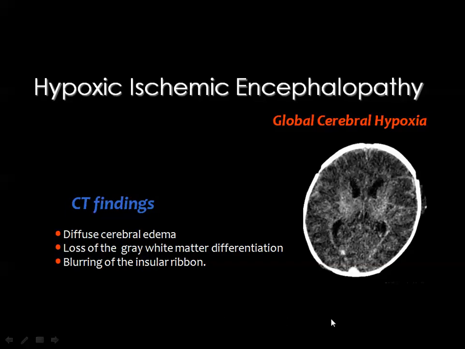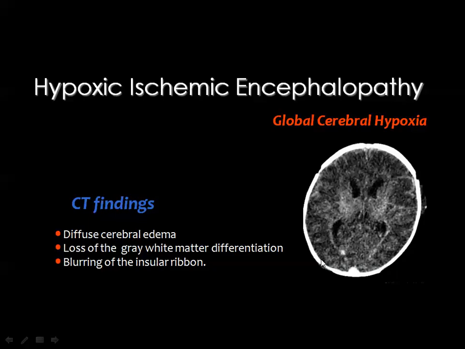But you remember that the cortex is not affected by this water content. The cortex will appear of a relatively isodense signal, or it will show normal signal on MR images.